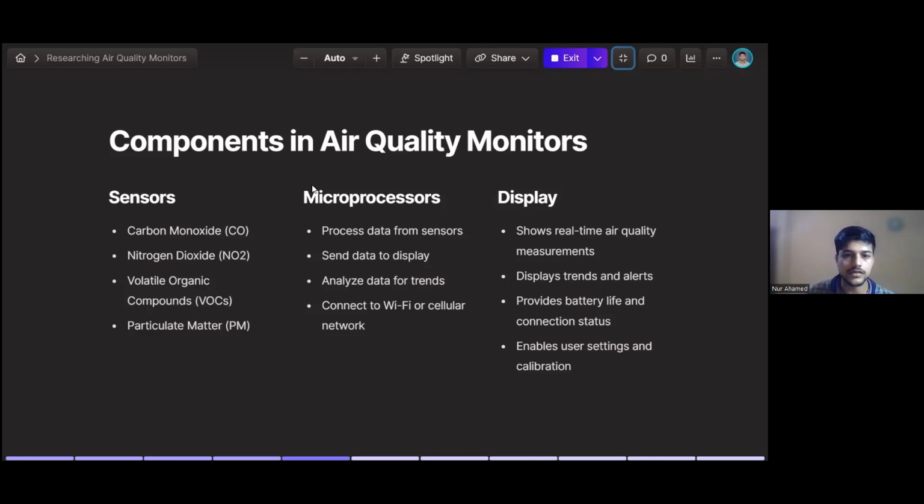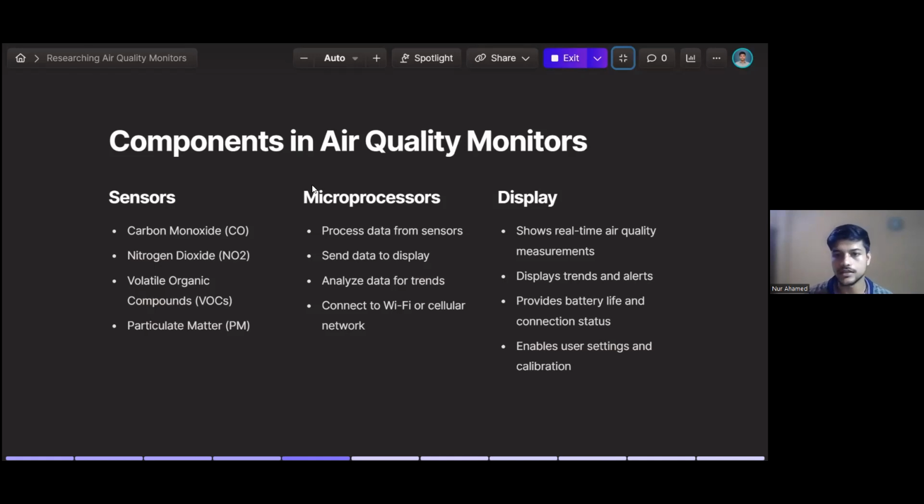The microprocessor is used to process data from the sensor and send the data to the display. After processing, it analyzes the data for trends and connects to Wi-Fi or cellular networks. Basically, the microprocessor takes the data from the sensor, processes it, and sends it to the display or cloud.